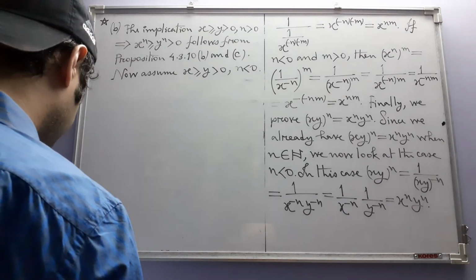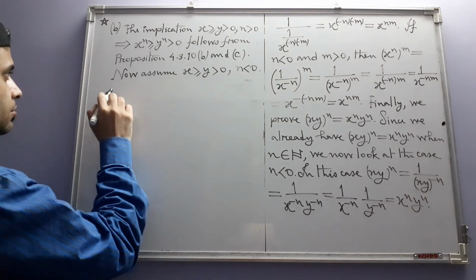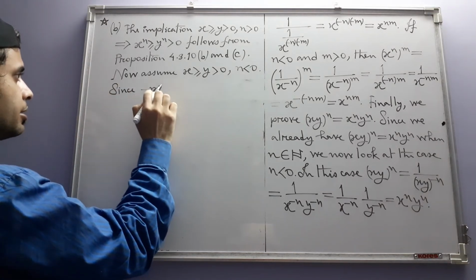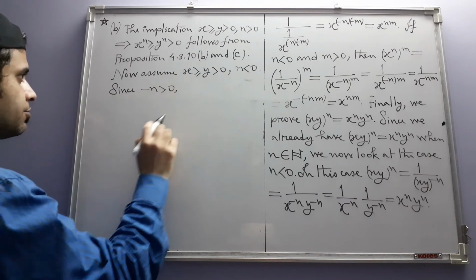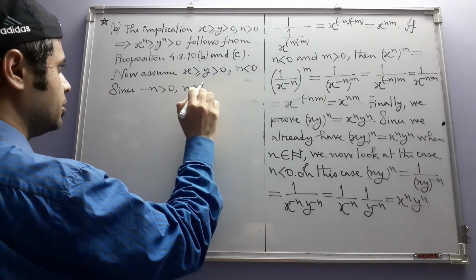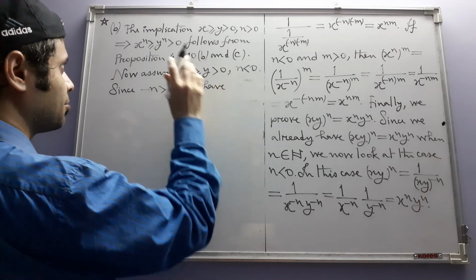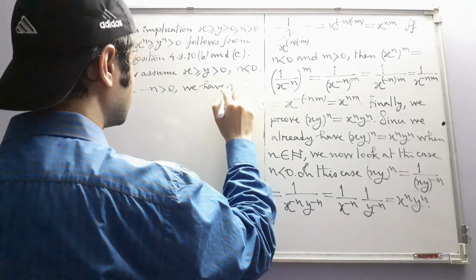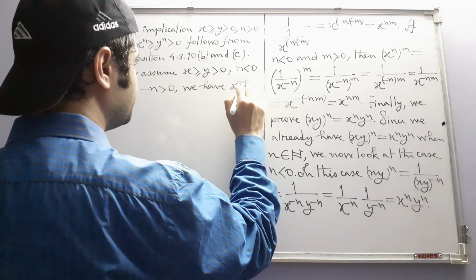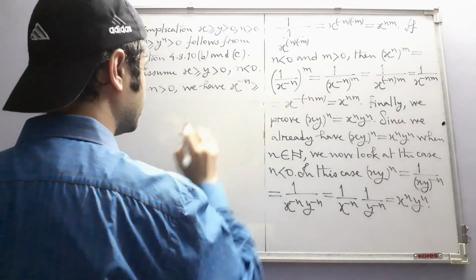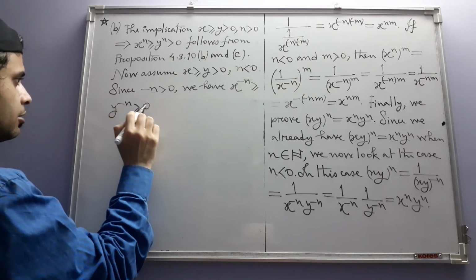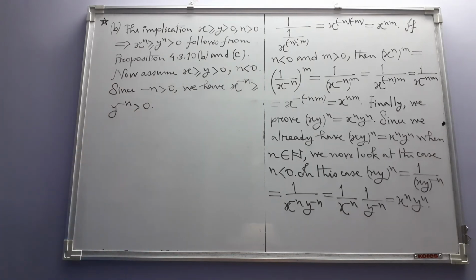Since minus n is positive, we have by that first case x to the power minus n greater than or equal to y to the power minus n greater than 0.